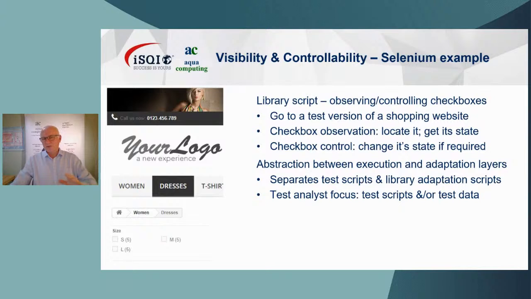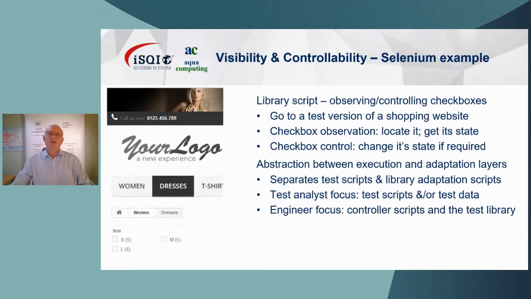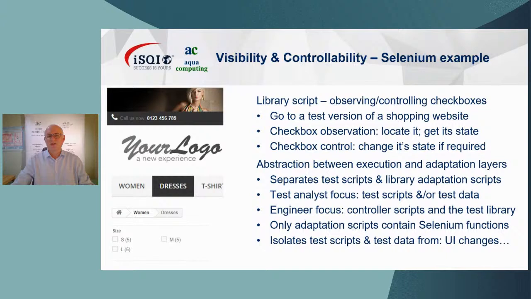So the test analyst focuses on the high-level scripts and test data, and if we take it further to data-driven, keyword-driven, they can end up not needing to script at all. The engineer's focus then is on controller scripts, some more technical scripts, and the test library. And critically, only adaptation scripts should really contain Selenium functions that talk to the system under test.